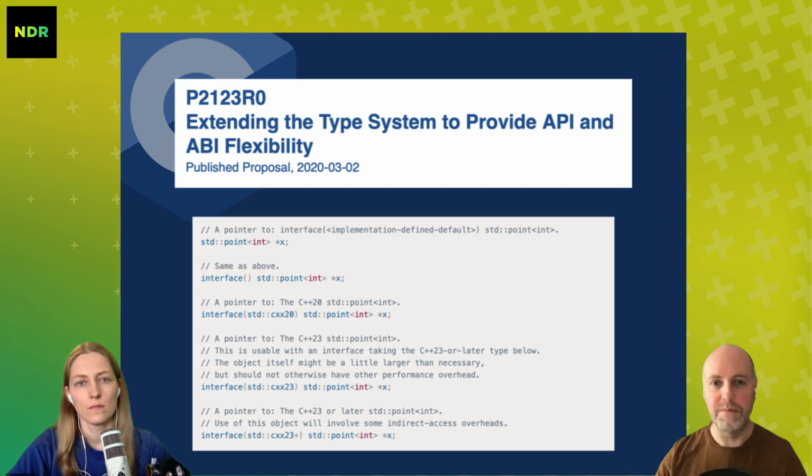Whereas elsewhere in the code base, you might use the new type that has a different layout with extra features or better performance or whatever the thing is we wanted to change. By default, if you don't specify anything at all, you'll get the latest version. If you ask for a specific version, you'll get that specific version.